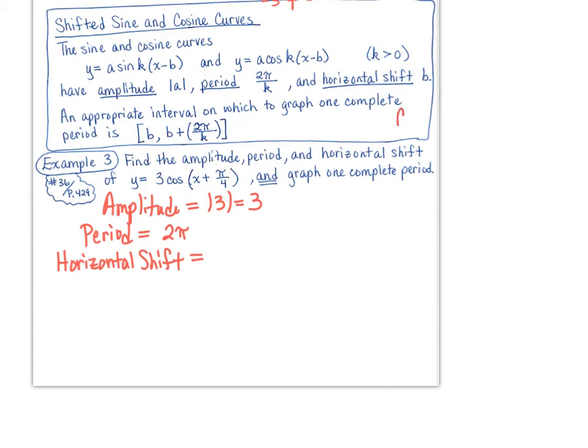Remember, cosine of x plus pi over 4 is the same thing as cosine of x minus negative pi over 4. So your horizontal shift here is really negative pi over 4. Does that make sense? Because it says that the horizontal shift is b. So we have to make it look like it's in this form.